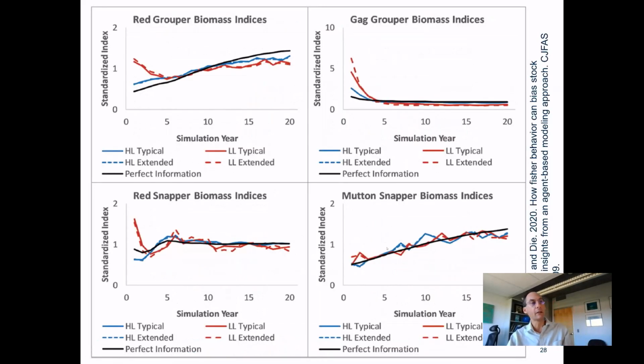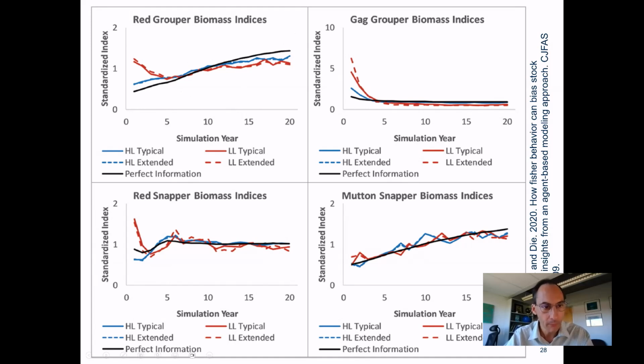However, despite explaining a bit more of the variability, the actual trends in the indices didn't change very much, and still, for some species, did not conform well to the actual patterns in abundance in the simulation. Here, the black lines represent the actual patterns from the simulation model directly, normalized to 1 to fit on the same figure.